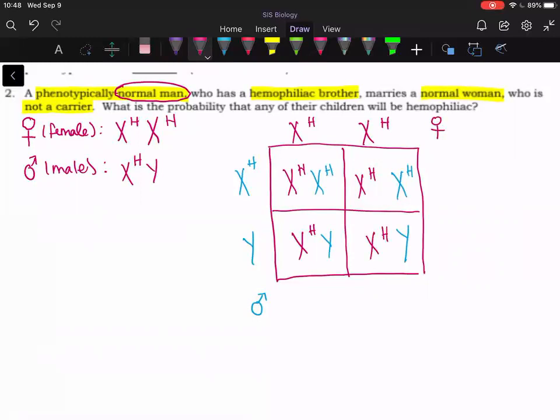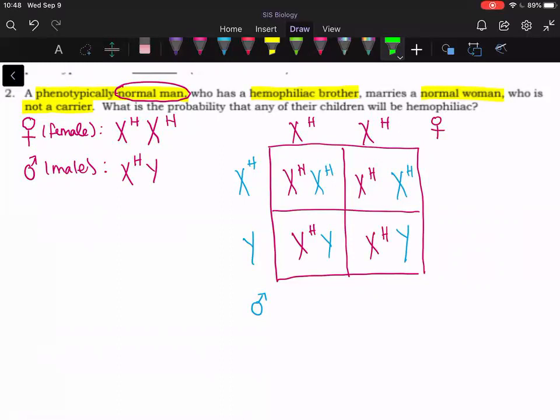Let's take a highlighter. Can you highlight all of the hemophiliac children? Now remember, in order to have hemophilia, you have to have the lowercase h. So am I going to highlight anything?